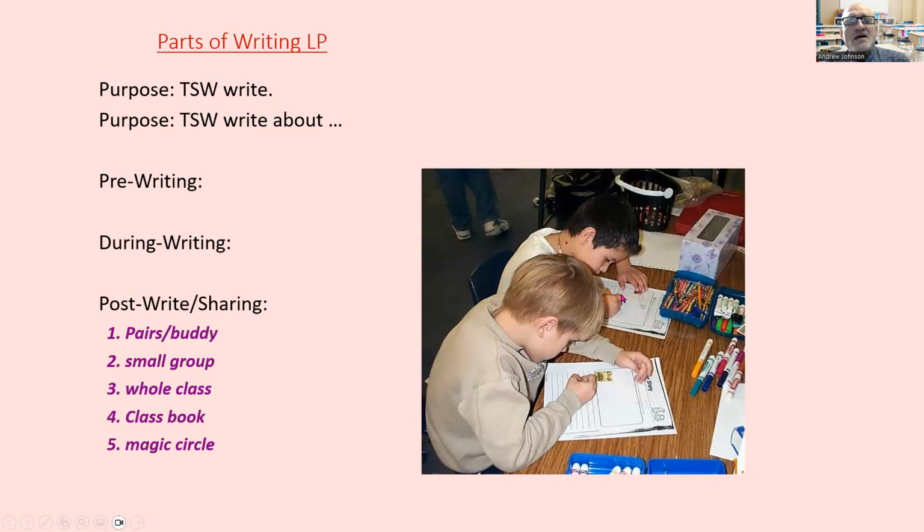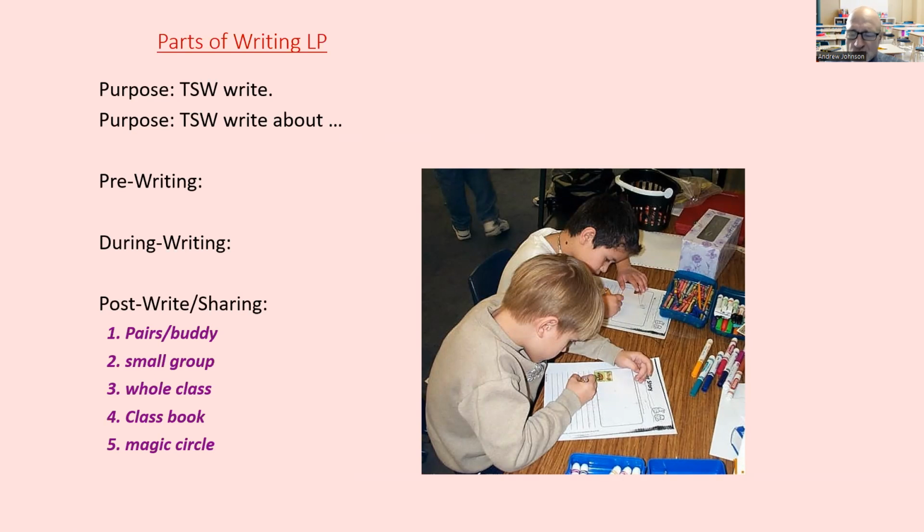Now, there are 3 parts to the writing lesson plan. There's a purpose statement. Students will write, that's open-ended, that's their choice, or students will write about something. There is the pre-writing activity, and I'll show you some of these, that gets them ready to write. And what you do before writing is just as important as what happens during writing.